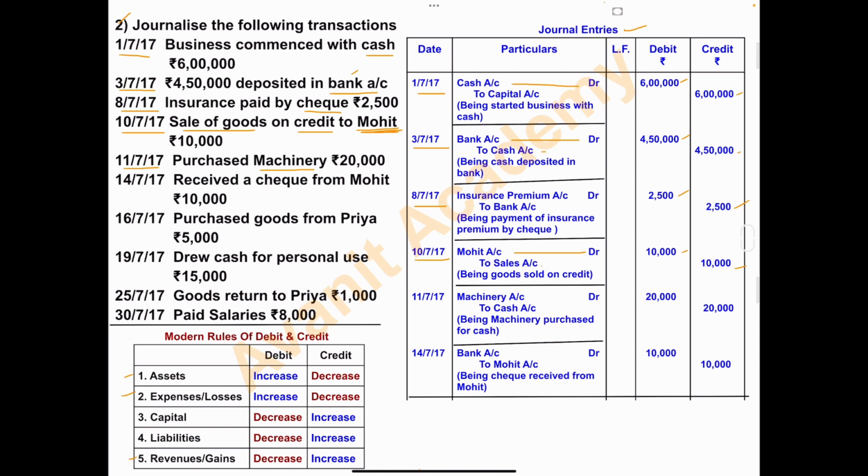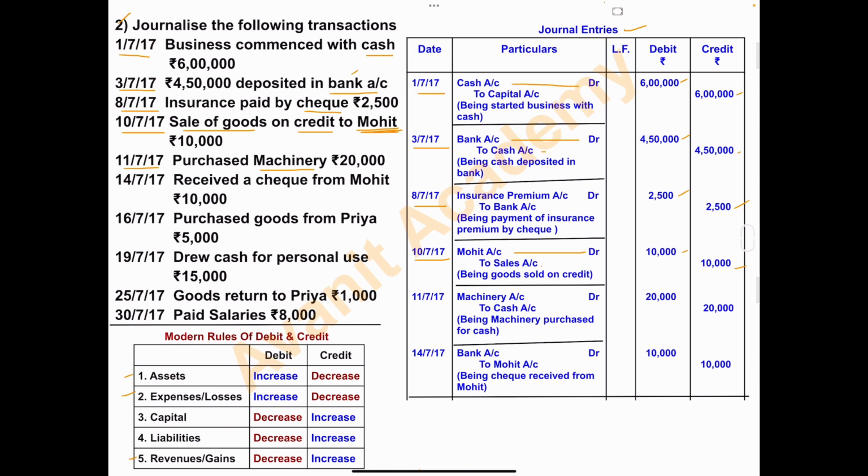ಸೊ ಫಸ್ಟ್ ಯಾವ್ದು ಅಕೌಂಟ್ ಅನ್ನು ಡೆಬಿಟ್ ಮಾಡಬೇಕು? ಮಷಿನರಿ ಅಕೌಂಟ್, ಬಿಕಾಸ್ ಮಷಿನರಿ ಇಸ್ ಅ ಅಸೆಟ್ and increase in assets is to be debited. So machinery account is to be debited. But payment ಮಾಡಿದ್ರೆ cash balance decrease ಆಗುತ್ತೆ and decrease in cash balance is to be credited. So what will be the entry?